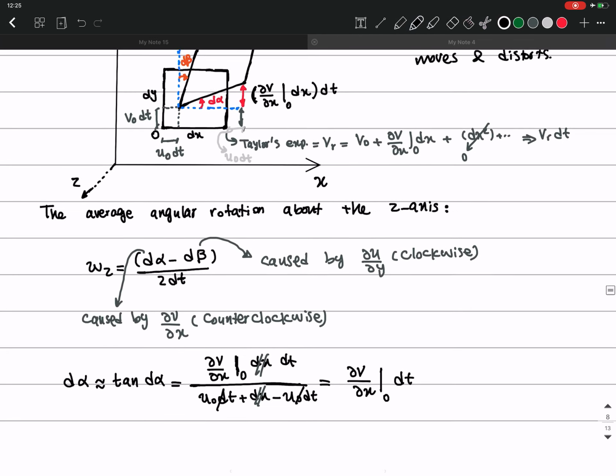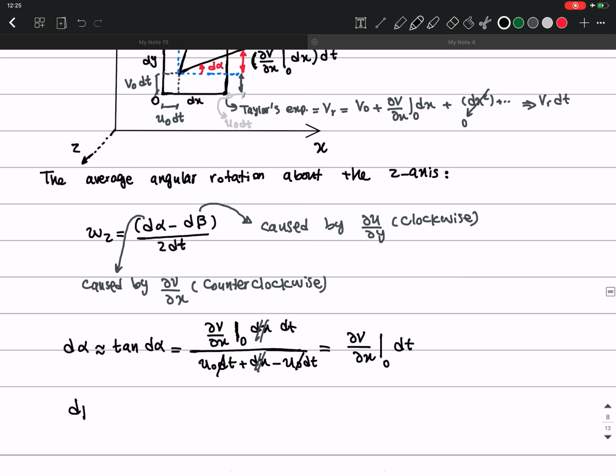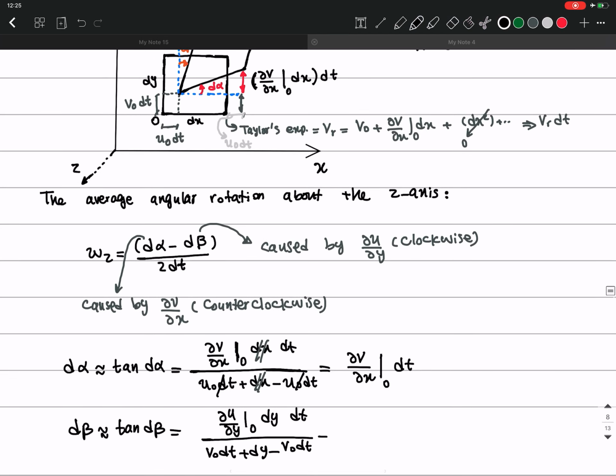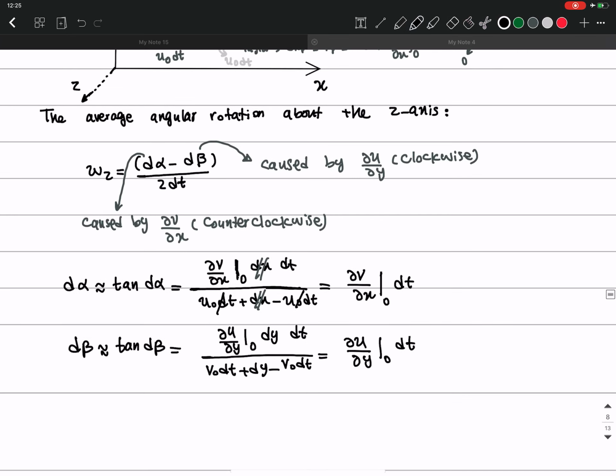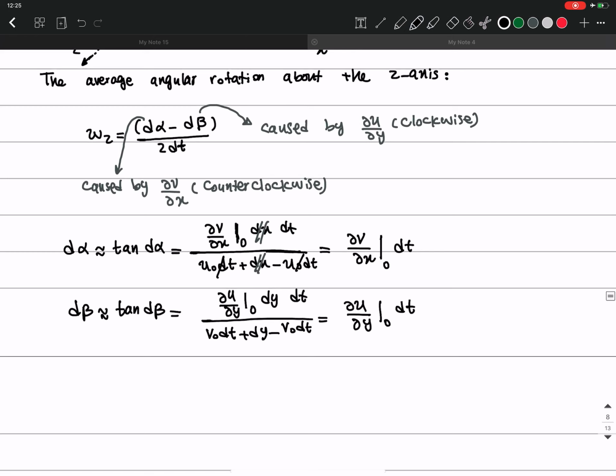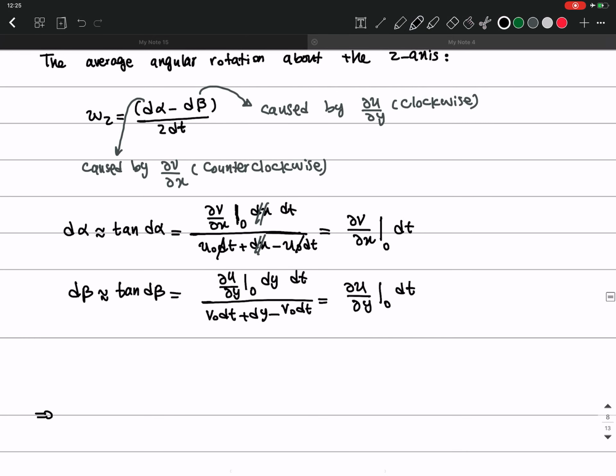Similarly, we can get dβ. We can approximate it with tangent of dβ, which is partial u over partial y at O times dy dt over v naught dt plus dy minus v naught dt, which is partial u over partial y at O times dt. So now let's see what ωz is.